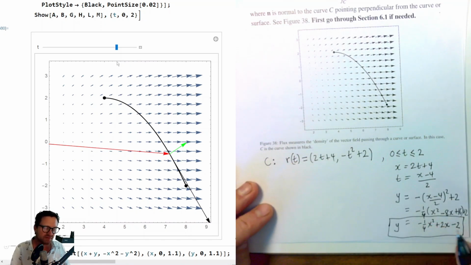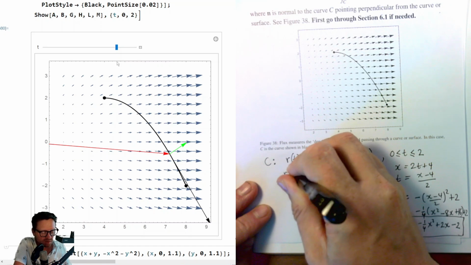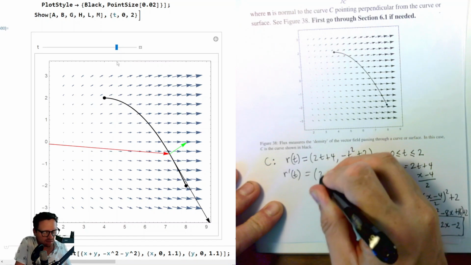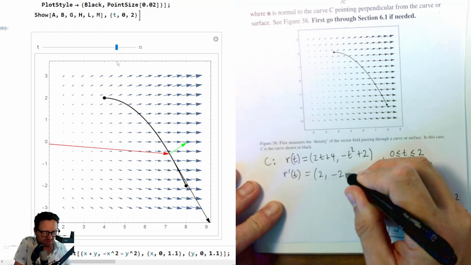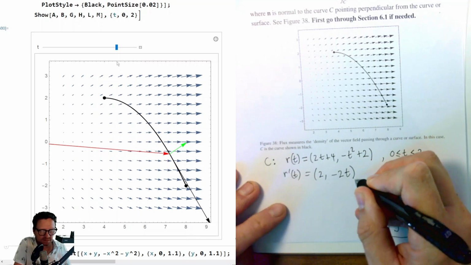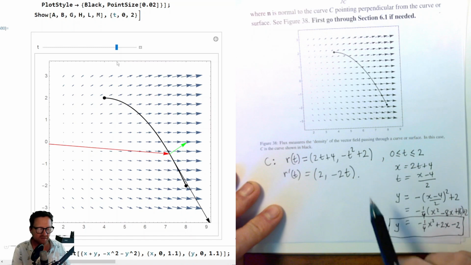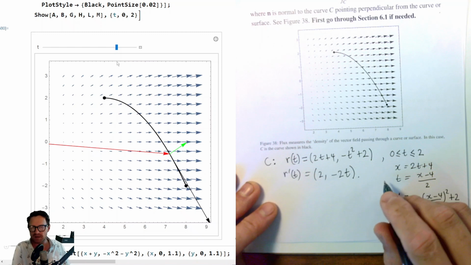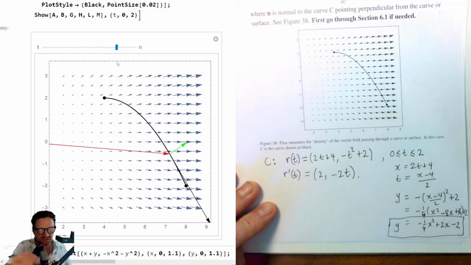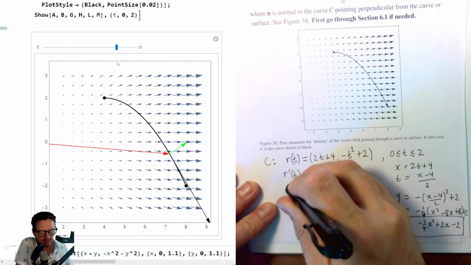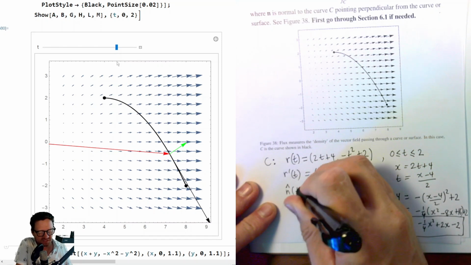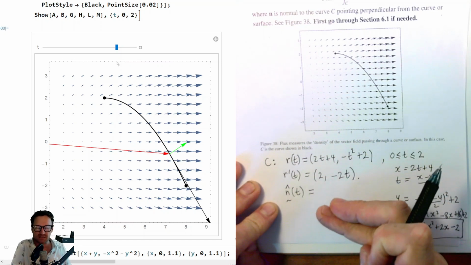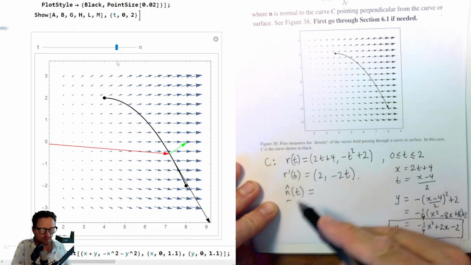Okay, so now we've got r. Let's take the derivative of that. So r dash of t. So differentiating this vector with respect to t, we have 2, and then we have minus 2t. All right, now what about a vector perpendicular to this? So that would be n, but I actually want a vector perpendicular to that, which is a unit vector. So n hat as a function of t is equal to, now what I do is I swap the two of these and then change the sign of one of them, but I want to scale it as well.